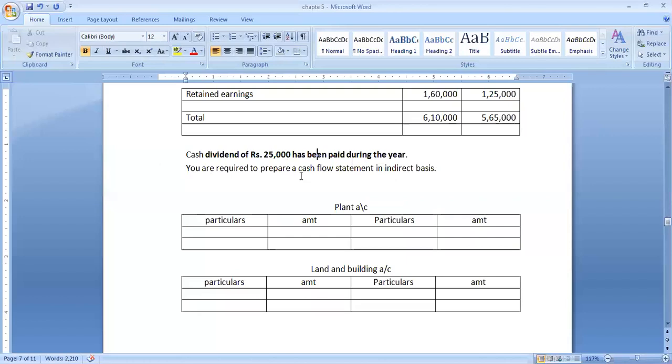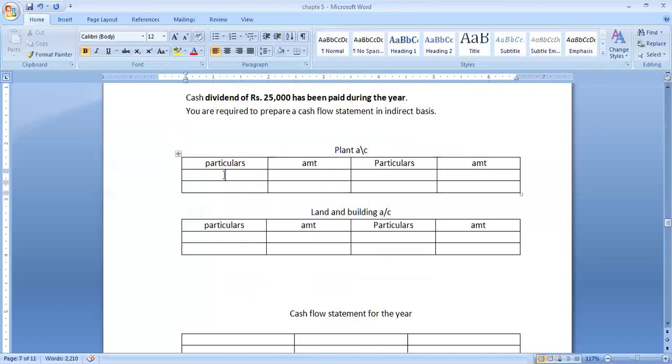Here, then. So I told you, you need to prepare a separate plant account and the land and building account. So prepare a separate plant account. To balance brought down. What is the value of brought down which is given here? It is 2 lakhs.